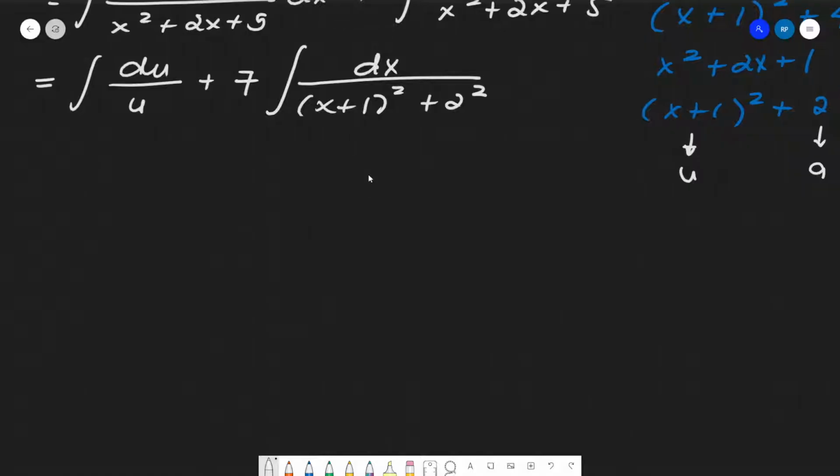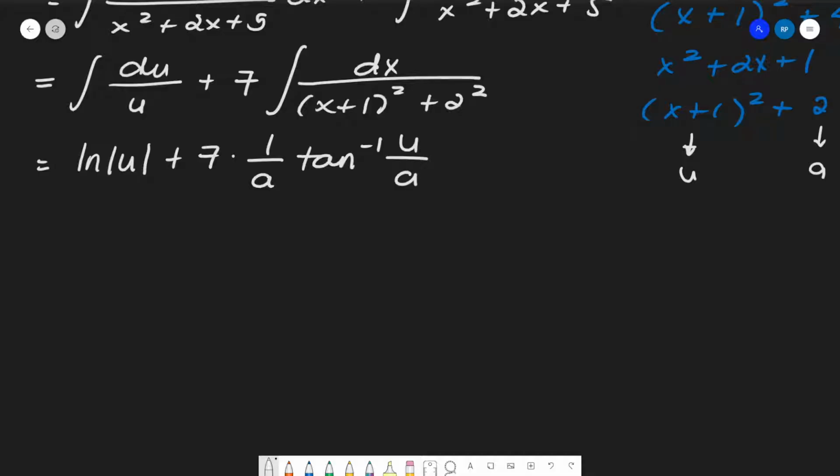So we have ln u plus 7 times 1 over a arctangent u over a plus c. This is our form.